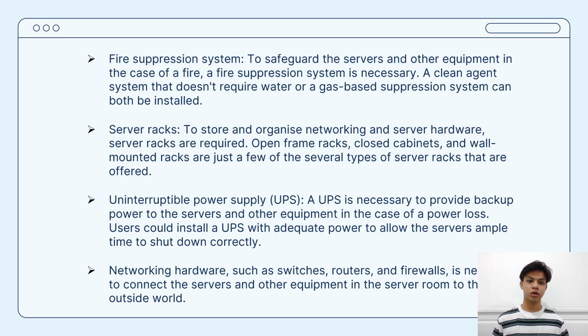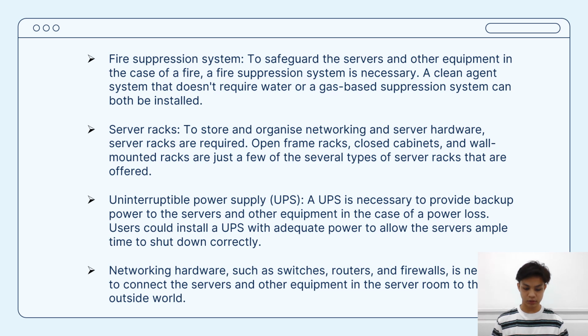Okay, next, the uninterruptible power supply, or UPS. A UPS is necessary to provide backup power to the servers and other equipment in the case of a power loss. Users could install a UPS with adequate power to allow the servers ample time to shut down correctly.